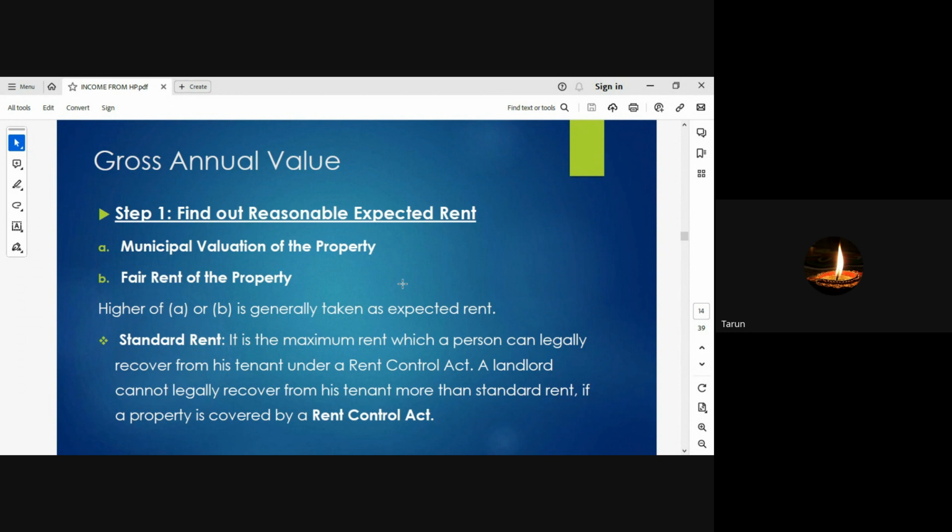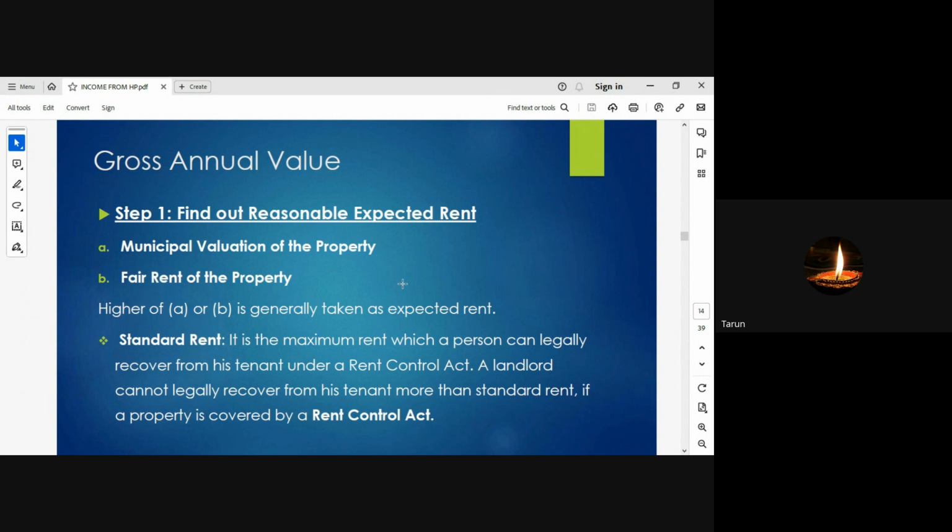Standard rent is that rent which has been fixed by the Rent Control Act. As I told you, income tax always believes in acts. So standard rent is automatically a pre-fixed rent under the Rent Control Act.